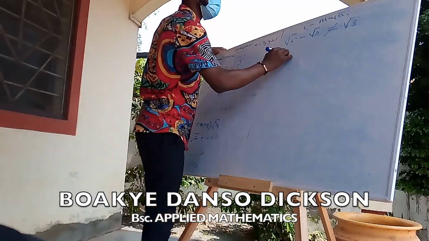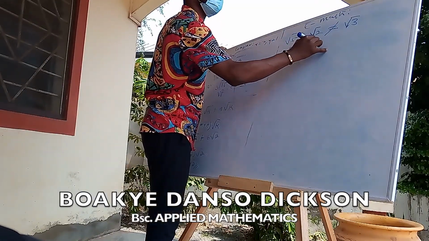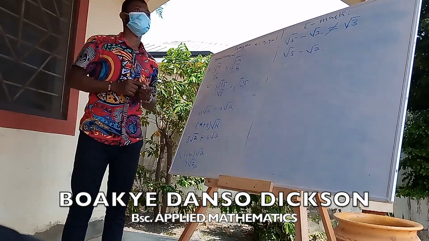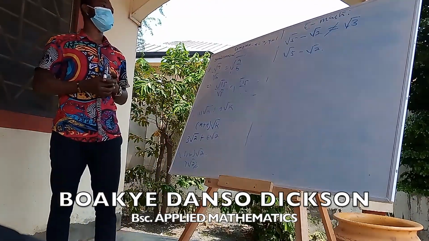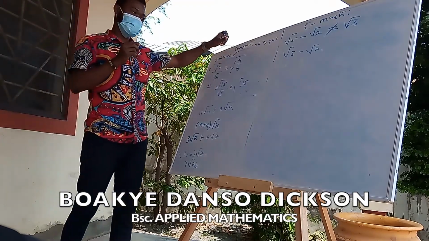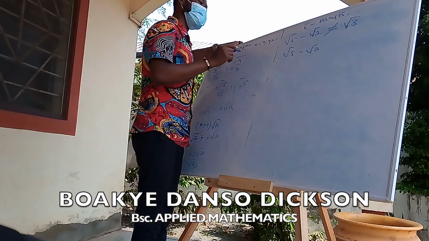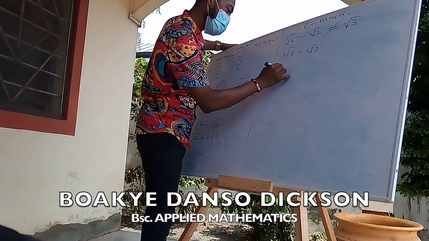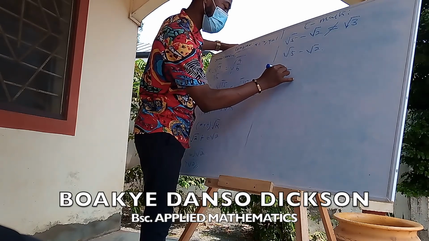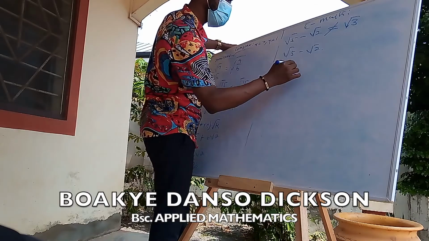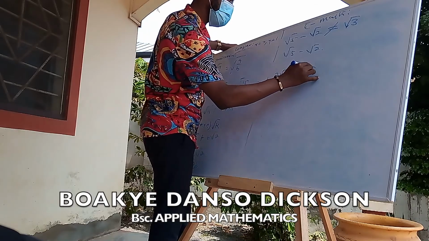They are always maintained like this: √5 minus √2. So what do you think this is going to be if I have 2√6 minus 2√6?